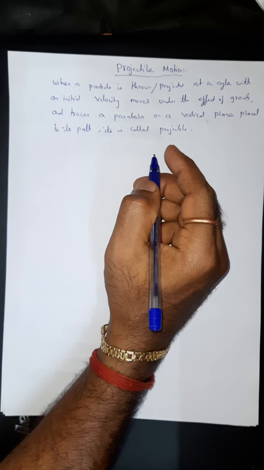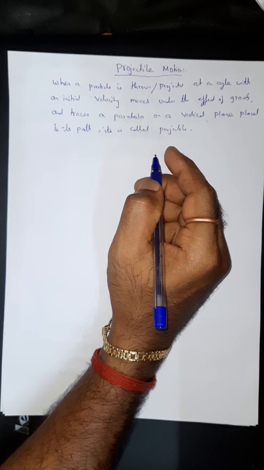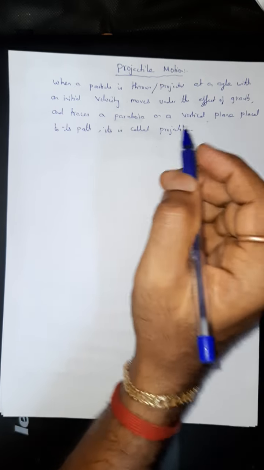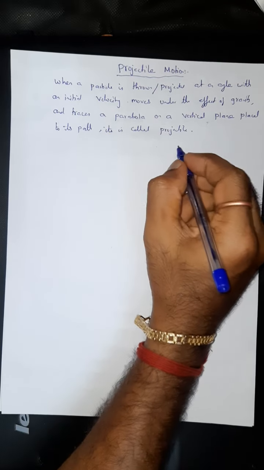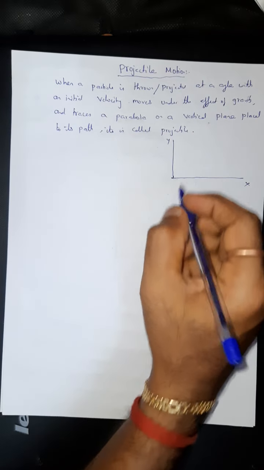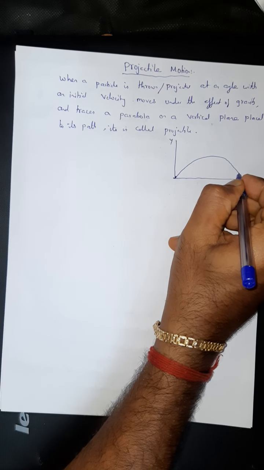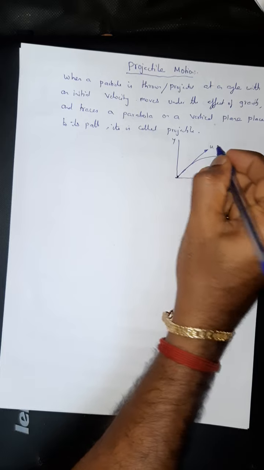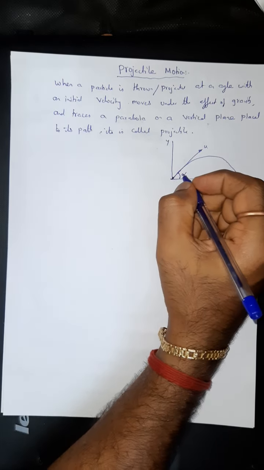Projectile is an example of curvilinear motion. The path traced by the particle in air is known as trajectory. So this is the x-axis, this is the y-axis. This path is generated, this is the initial velocity u, and this is the inclination alpha.